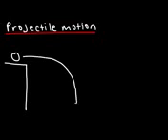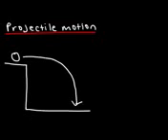So one example that you'll see is a ball being kicked off a cliff or rolling off a cliff. Initially, it's moving in the x direction, and then it falls down like this. And so the path that the ball travels is known as the trajectory.